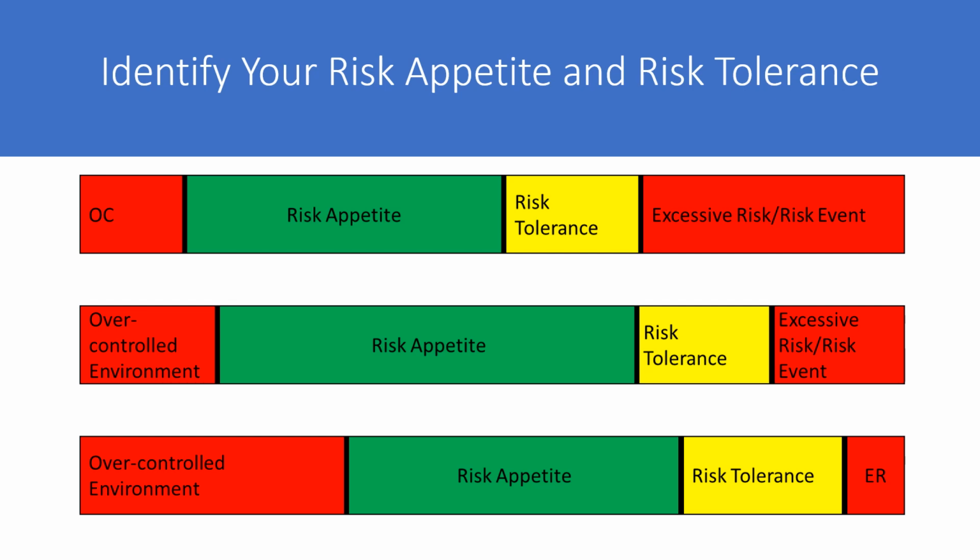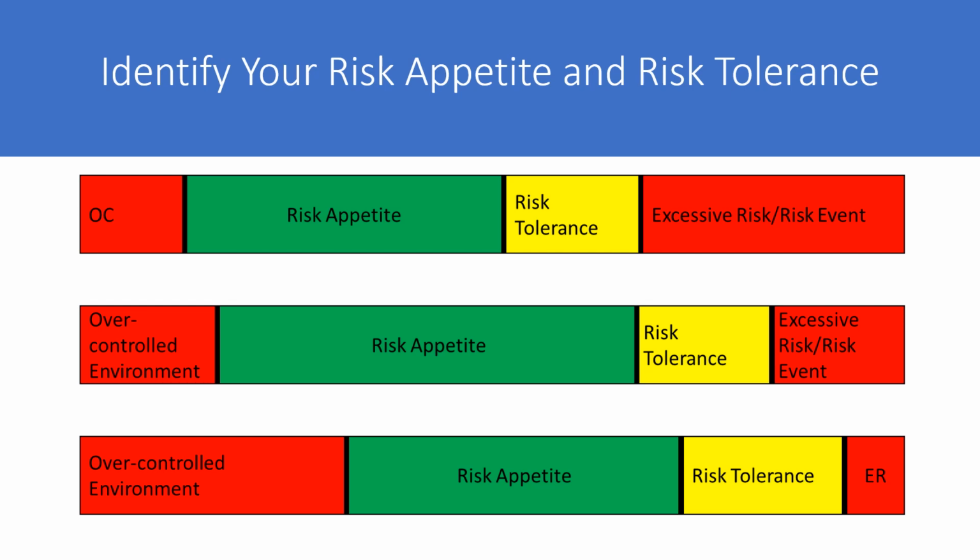One thing that's important to note is that having an over-controlled or under-controlled environment are both risk categories as well, because an over-controlled environment will likely limit value creation and limit financial performance and business strategy. So it's not to say that you always want it looking like the top graph, or even further shifted to the left or to the right.